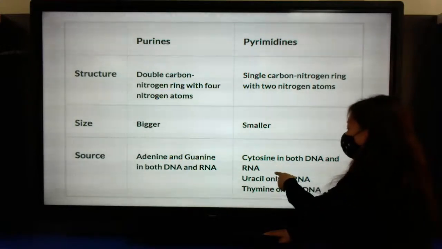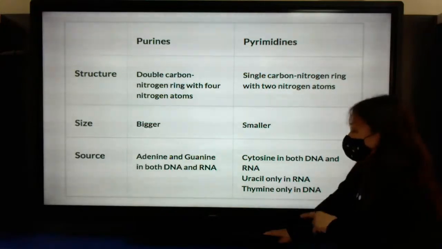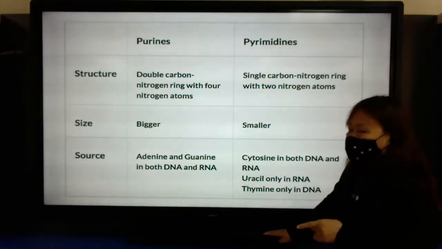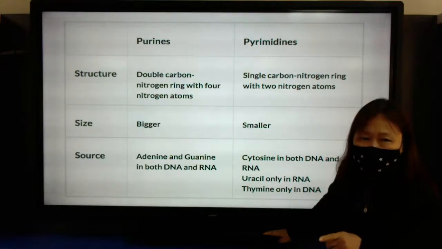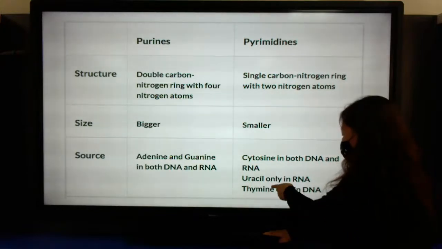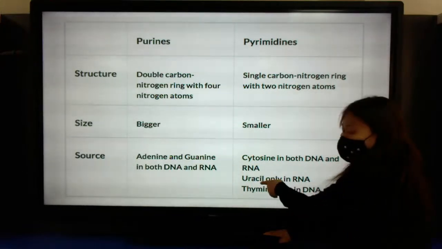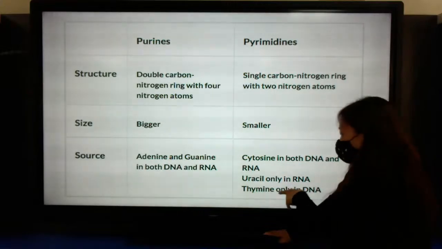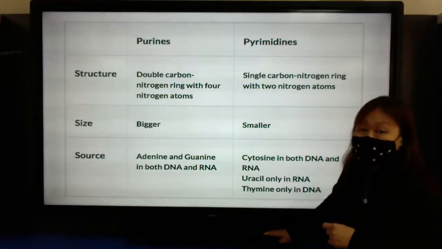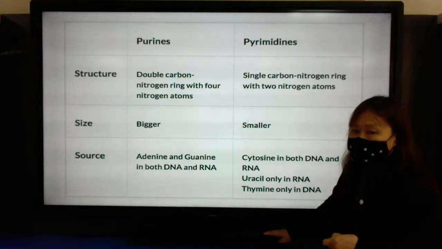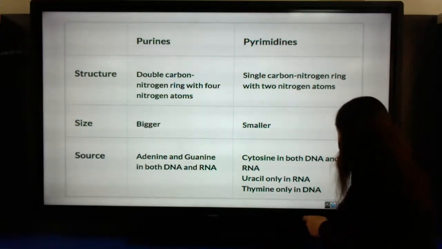Okay? Whereas cytosine is found both in DNA and RNA. So you have to remember that the only difference here is the presence of uracil in pyrimidines. It doesn't belong to DNA, it belongs to RNA.